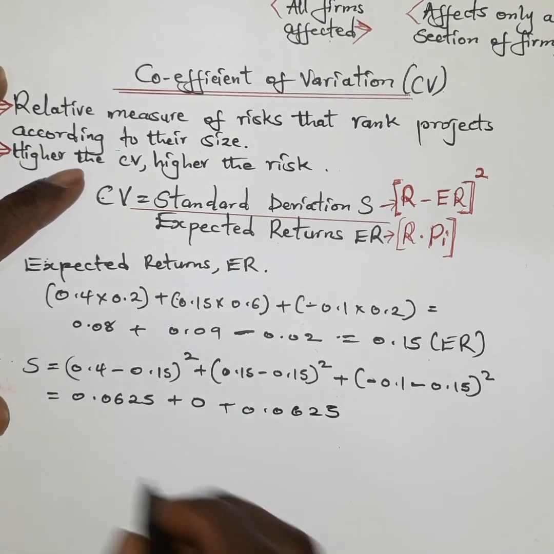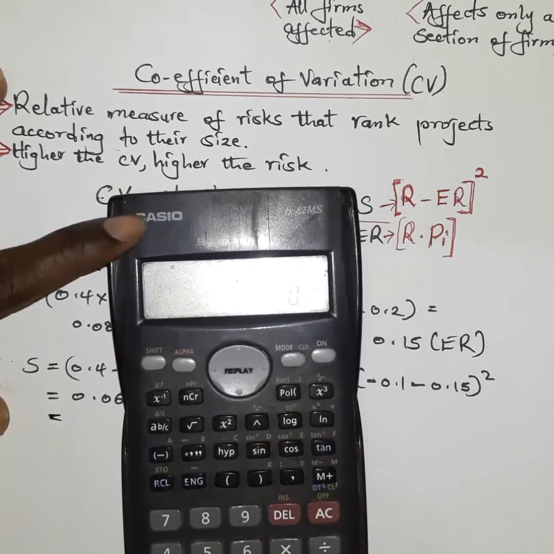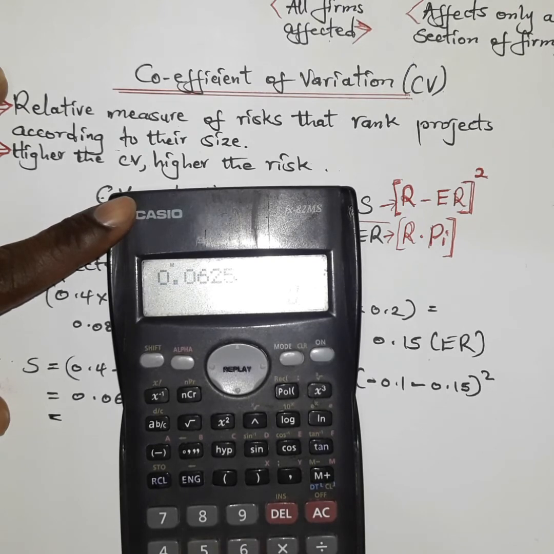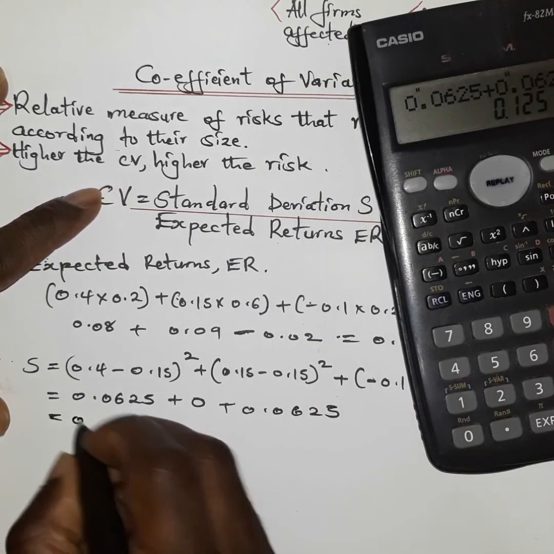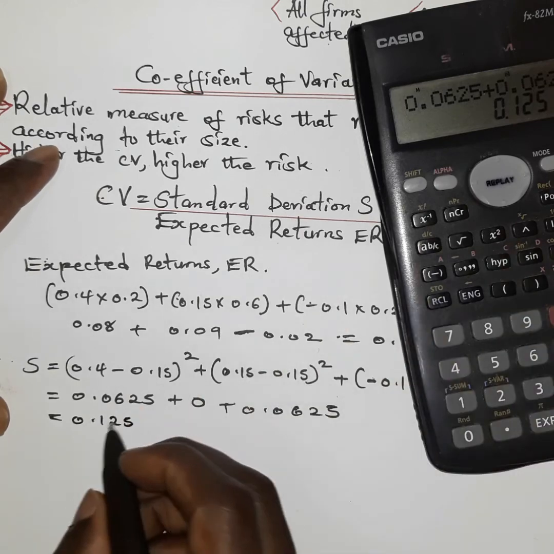Now, when you add the two, 0.0625 plus 0.0625, we supposed to get 0.125. This is our standard deviation.